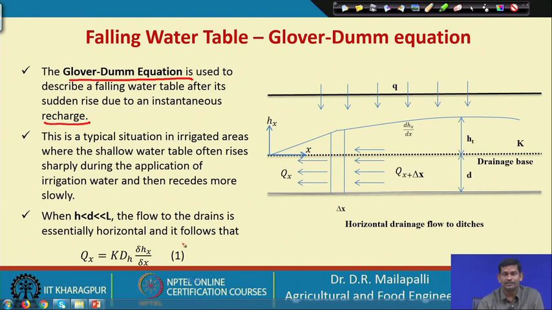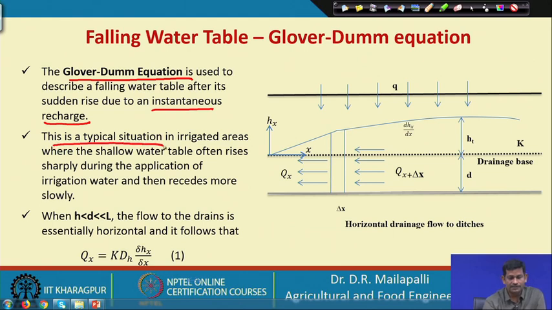Under steady state conditions we assume that the system is in equilibrium, so that the recharge Q taking place is equal to the drainage out, whereas if there is a sudden instantaneous change in the recharge, that definitely influences the drain discharge.